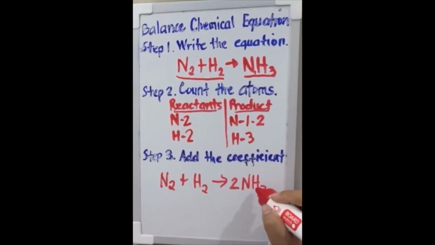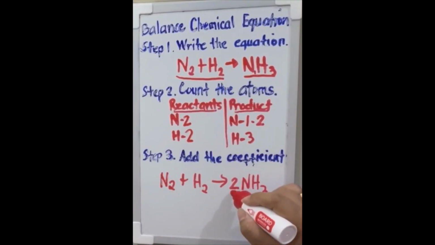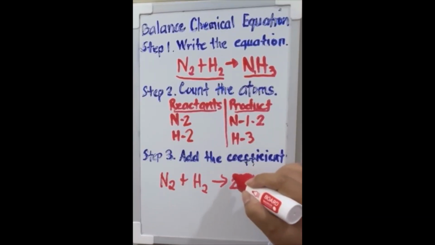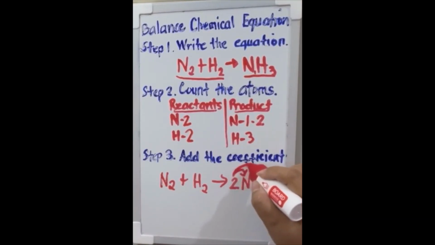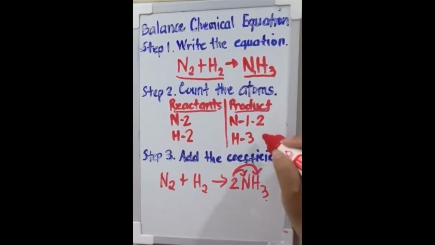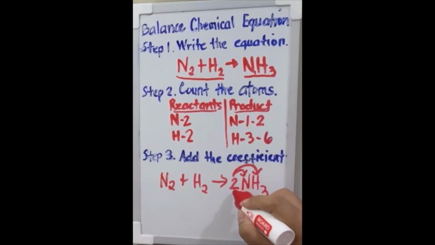Notice that hydrogen is part of this compound, so whatever coefficient you add will also affect the other elements. Nitrogen will be affected by the coefficient 2, same with the hydrogen. So we have 2 nitrogen, and the hydrogen now becomes 2 times 3, that is 6. We only multiply the coefficient to the subscript.